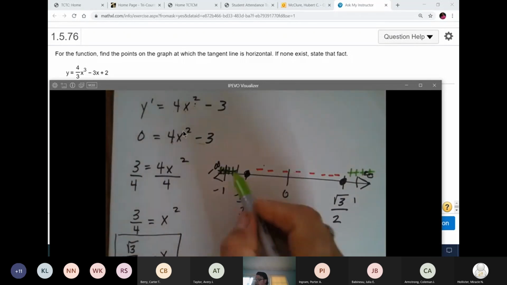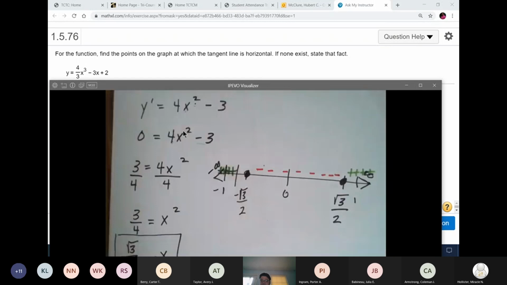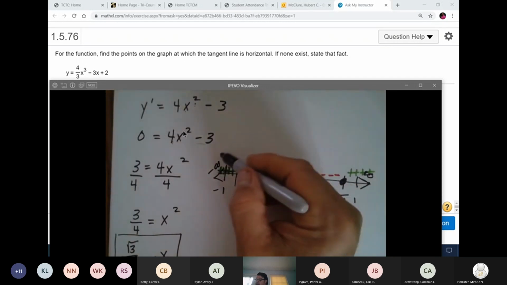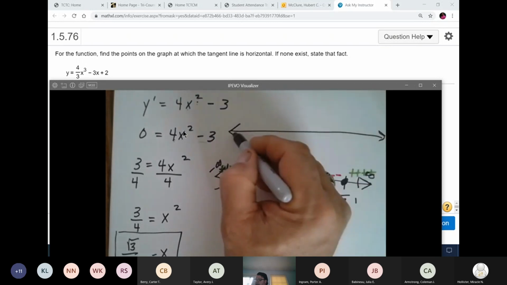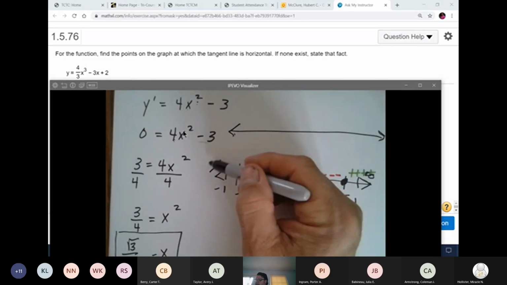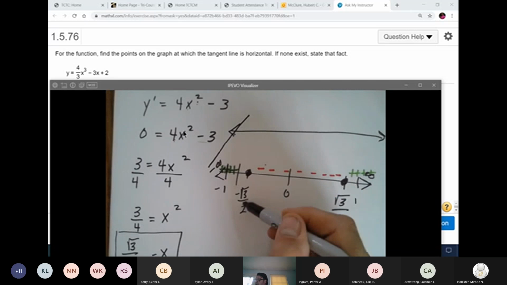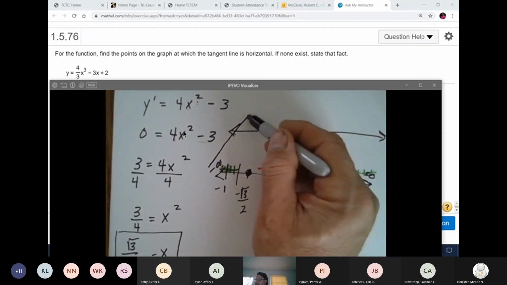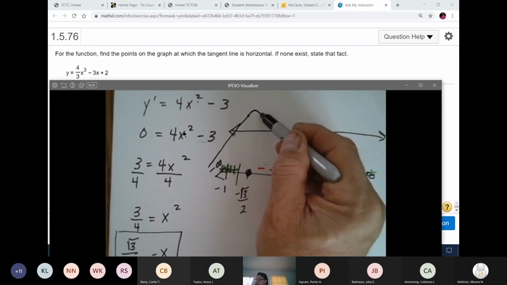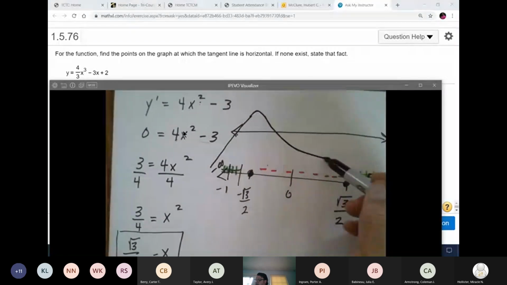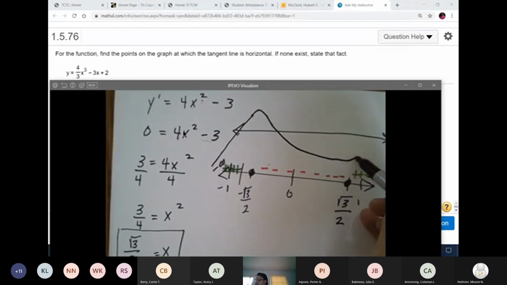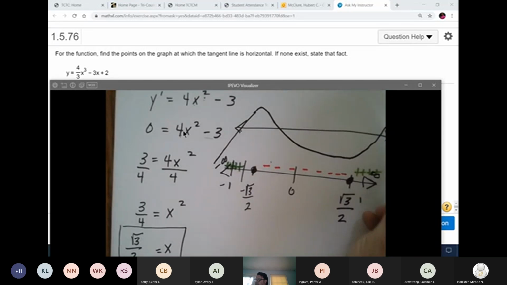So this is what happens. If you draw this, you've got increasing values. Let's draw a number line up here. You've got increasing values until you get to the negative square root of 3 over 2, and then it comes down, and then this point starts to what? Go back up.